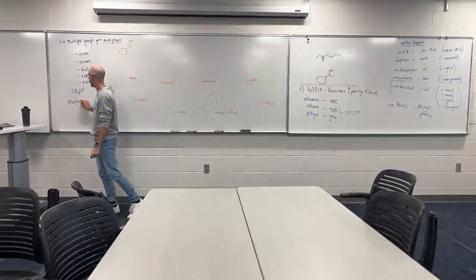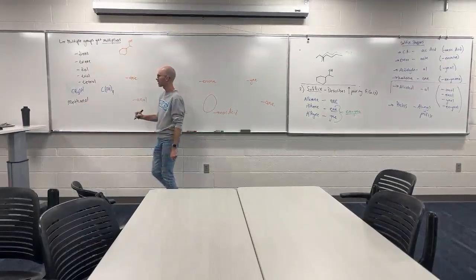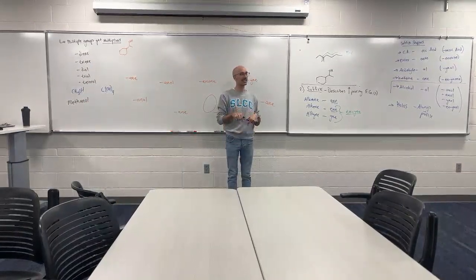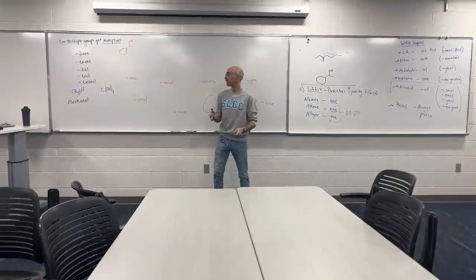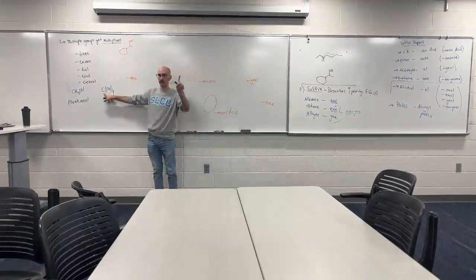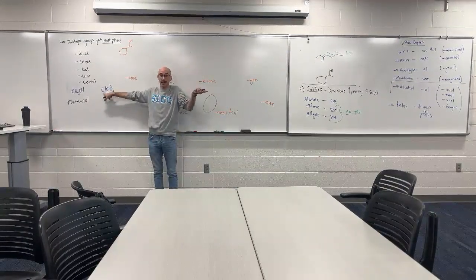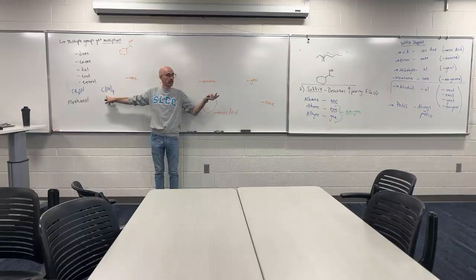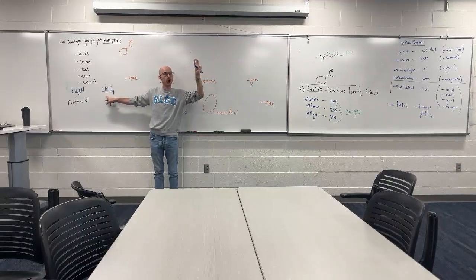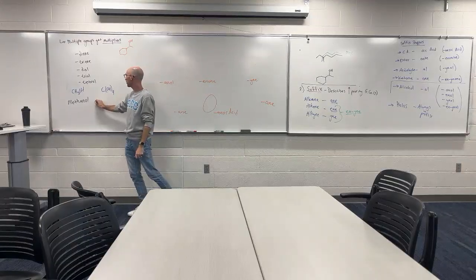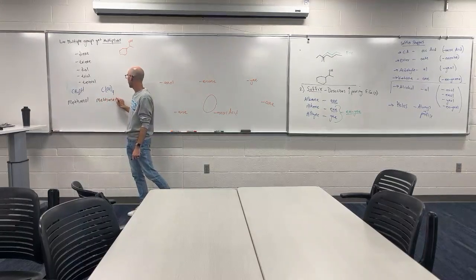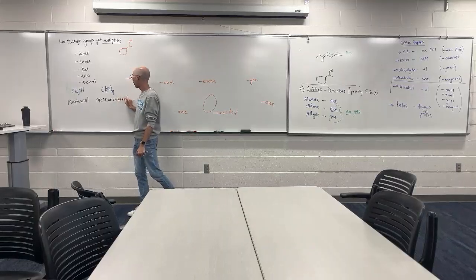Notice that ane gets suffix stoppered by ol. As soon as I need to put a multiplier in there, this is a one carbon, meth, alkane, ane, because there's no carbon-carbon double bonds or carbon-carbon triple bonds, tetrol. This actually gets the E put back in. So this becomes methane tetrol.